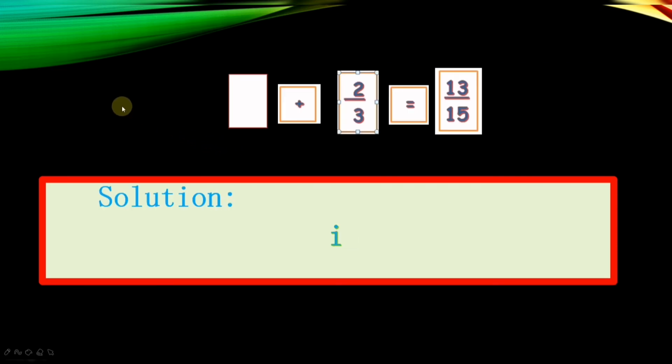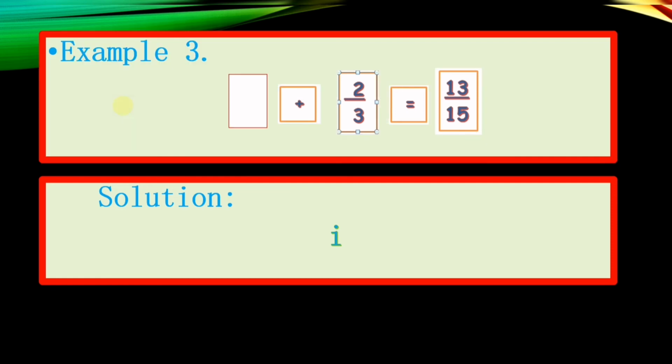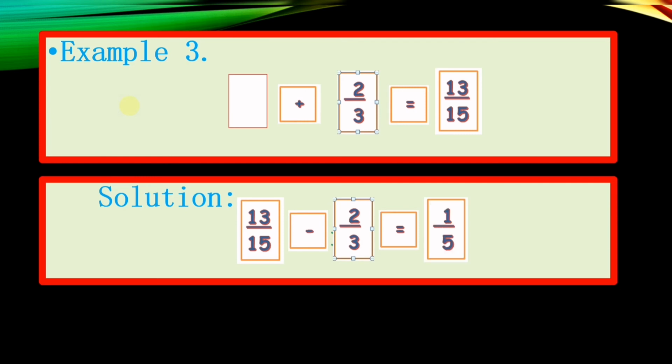How about this one? Blank plus 2/3 equals 13/15. The solution is 13/15 minus 2/3 equals 1/5. So the answer here is 1/5.